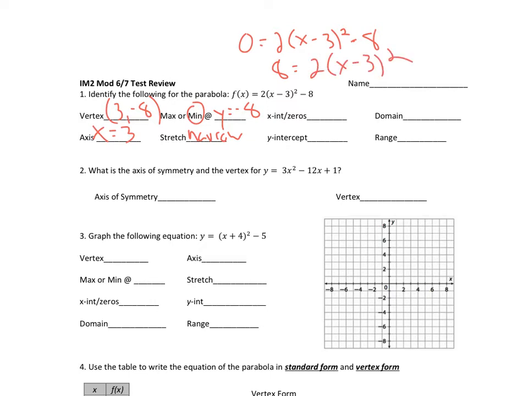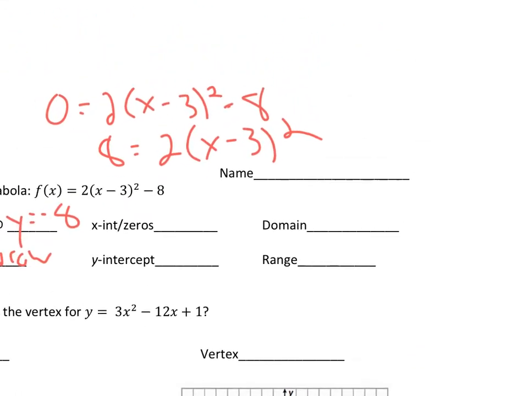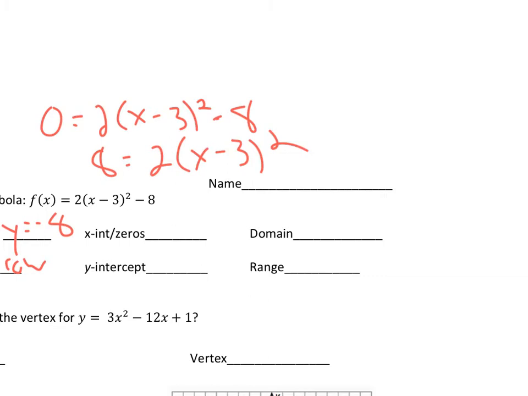And then divide by that 2. And so then we end up with 4 equals x minus 3 squared. Take the square root, and you get plus or minus 2 equals x minus 3.